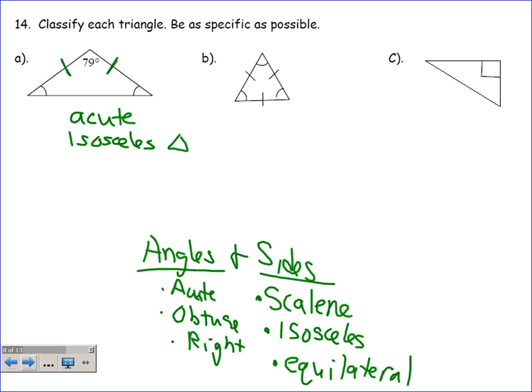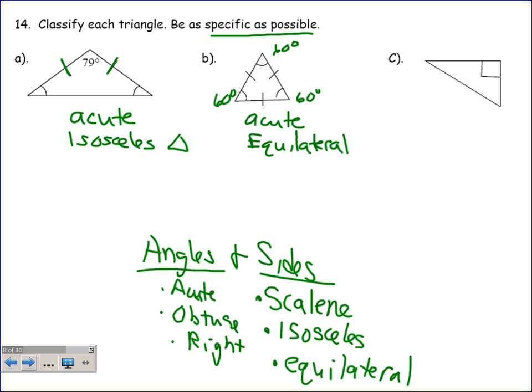Part B, you want to be as specific as possible, so tell me some things that we know. It's going to be acute because all these are 60 degrees. Equilateral. How did you know it was 60 degrees? Because they're all the same and they sum together to be 180.